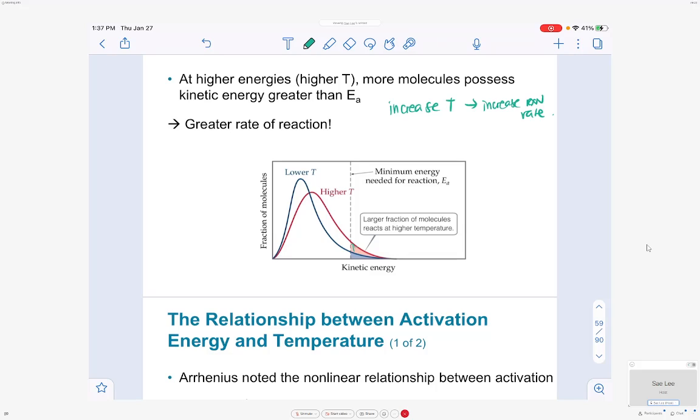So in summary, an increase in temperature allows molecules to have more energy to overcome the energy barrier of the reaction, and this leads to the increased reaction rate.